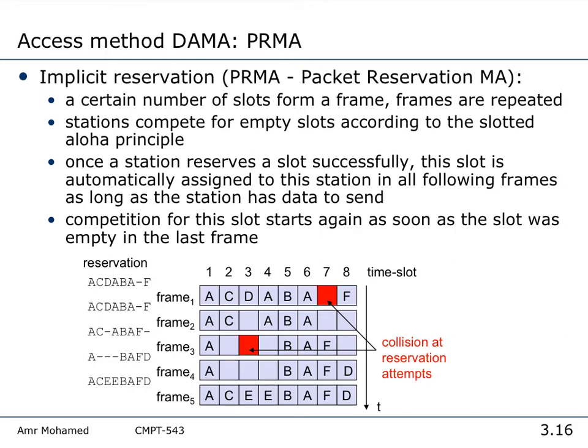So the nodes will contend at these time slots. So the advantage here is that I don't have an explicit reservation phase. So here it's implicit reservation. Implicit here coming from the fact that once I send successfully, I seize access to this time slot until I release it.